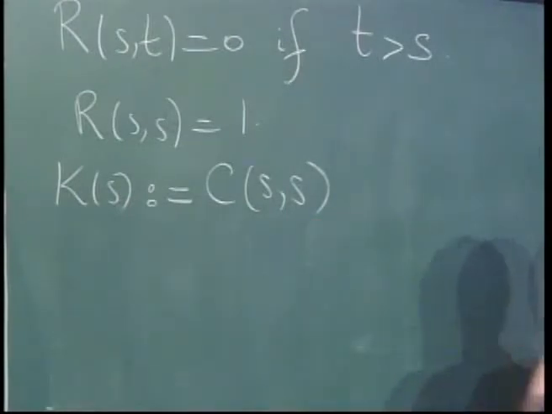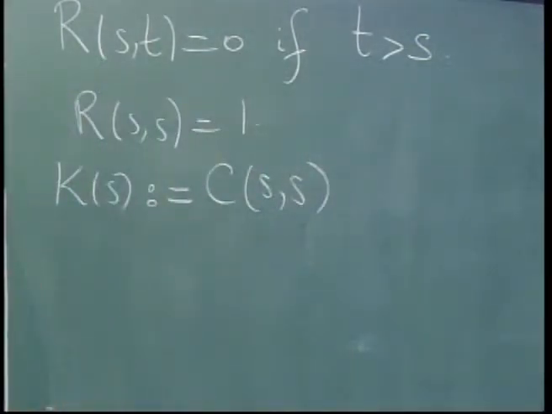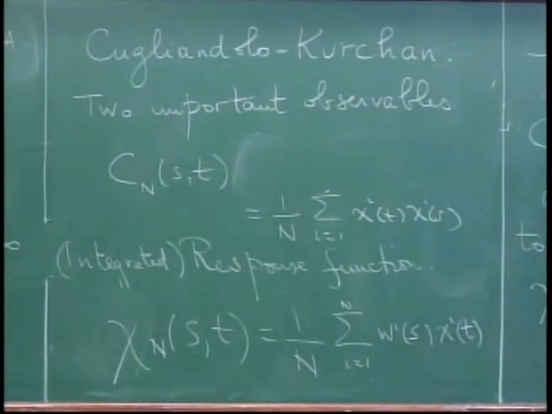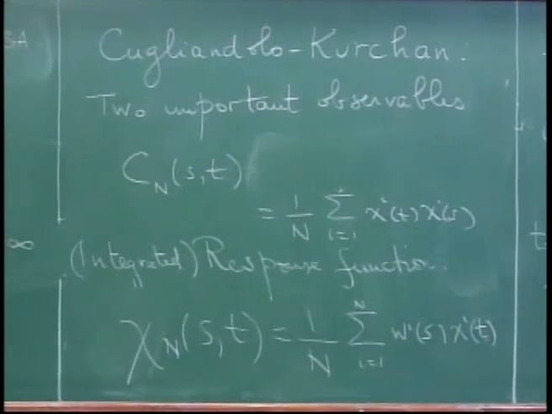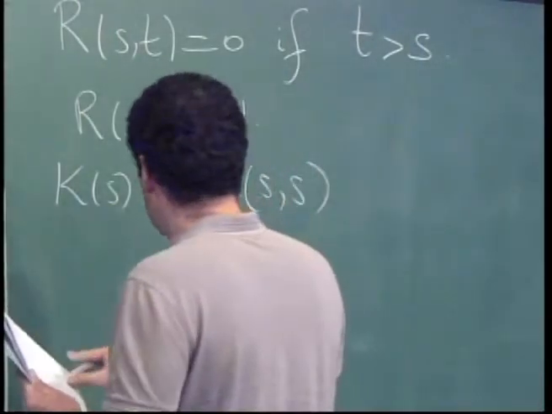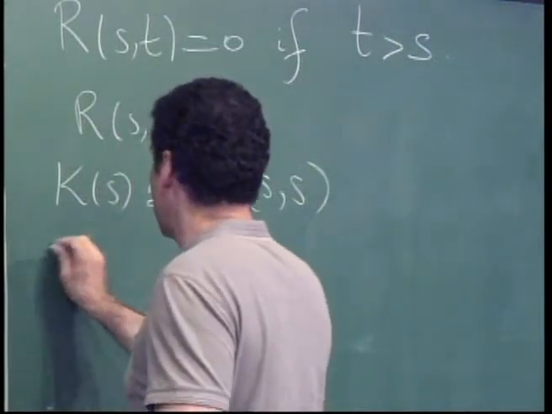But dynamically now, not statically, at time s, right? Because C(s,s), if you look at what it is, is just the radius of the sphere. Okay? So of course here it's natural that this radius moves in finite time like this because we never fixed the radius in my thing. It was not 1, it changed. So okay, now this is an object that will play a big role, and then here are the Cugliandolo-Kurchan equations.